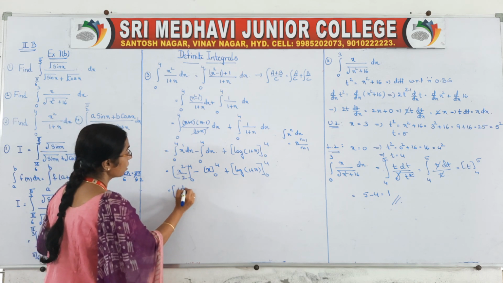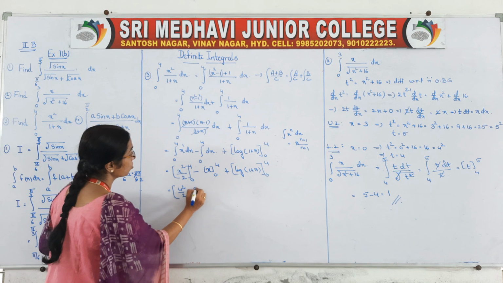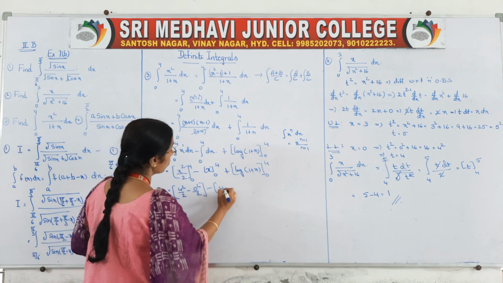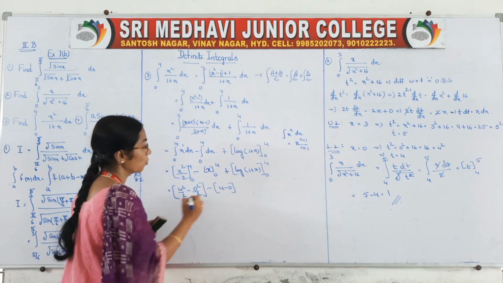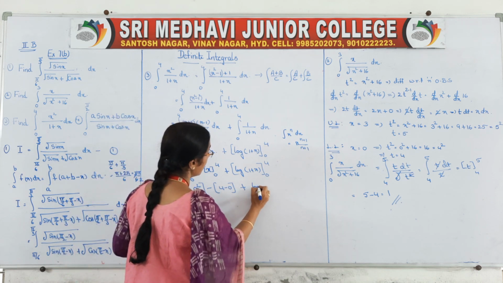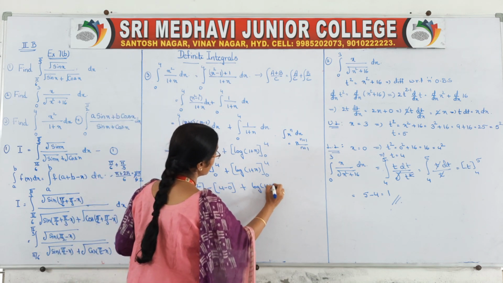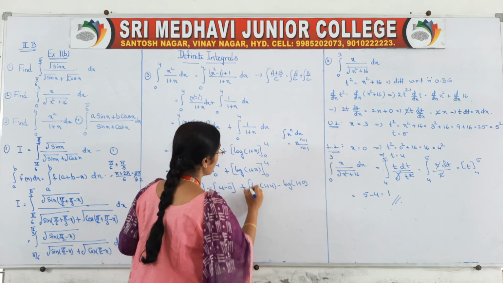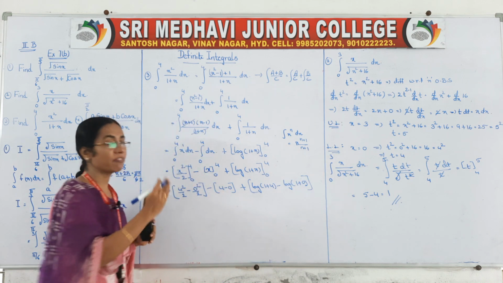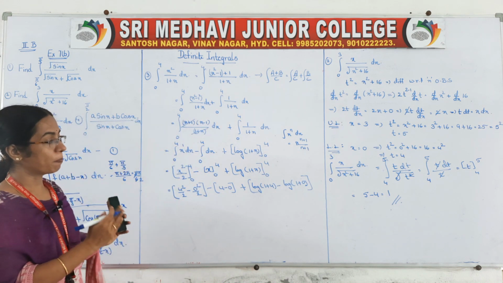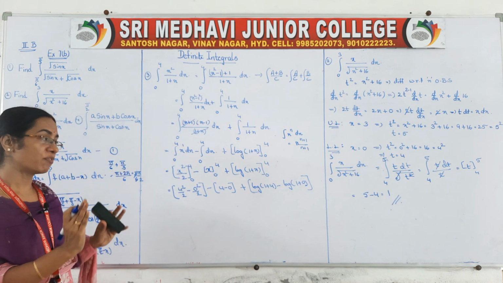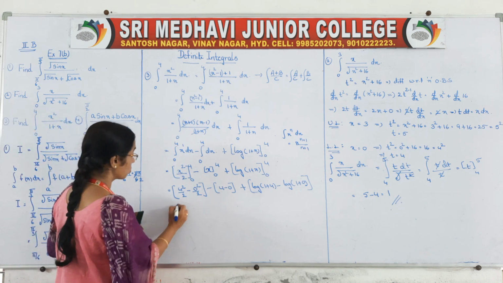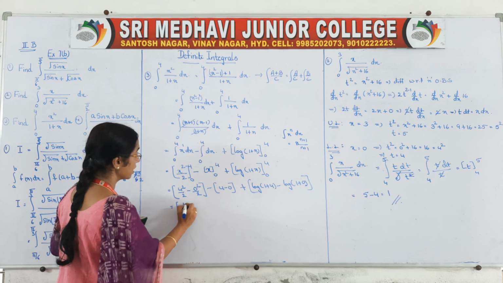Okay, so it is 4 square by 2 minus 0 square by 2, minus (4 minus 0). Next, plus log of 1 plus 4 minus log of 1 plus 0. In the function, wherever x is there, first the upper limit, minus in the same function, wherever x is there, the lower limit. Okay, so is equal to, what is this?